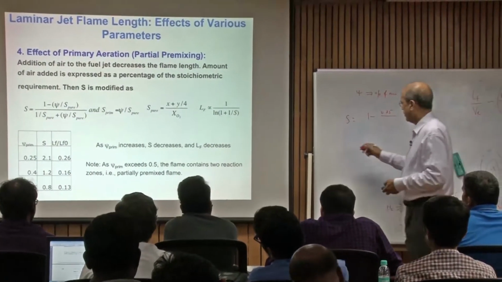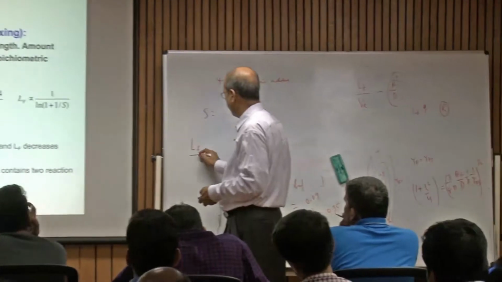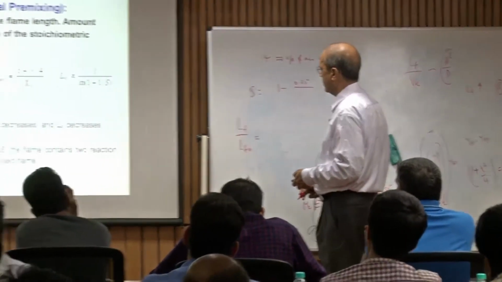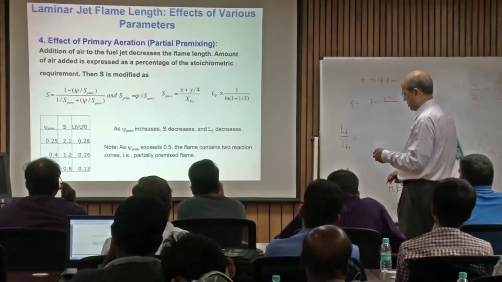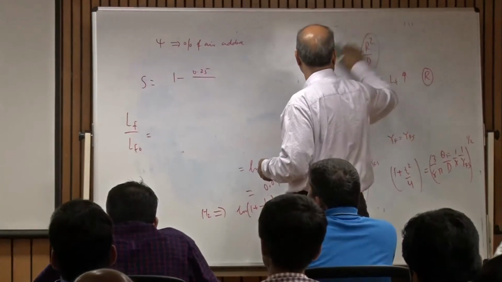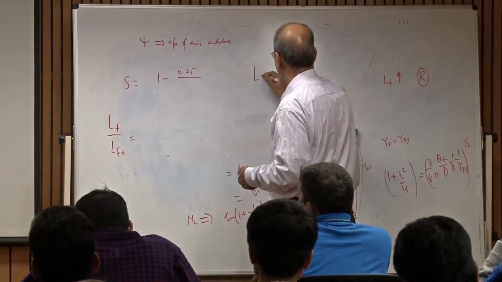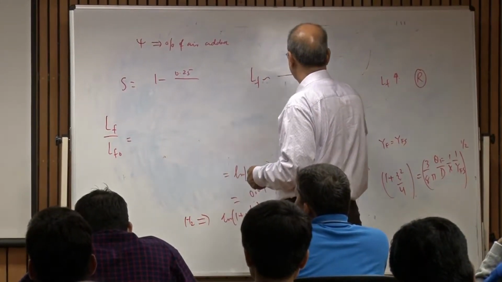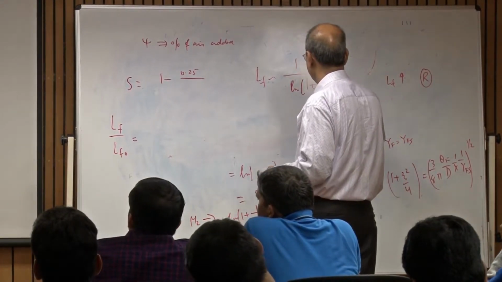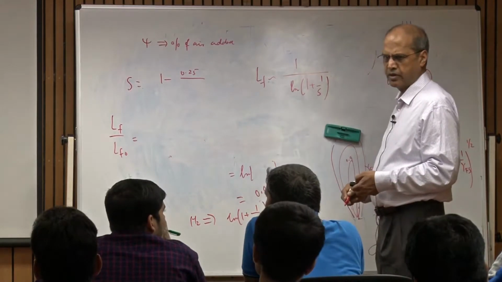So, if I take the ratio LF divided by LF0, now LF depends on log of 1 plus 1 over S, correct?